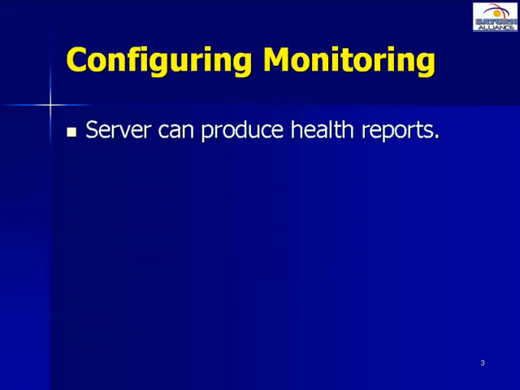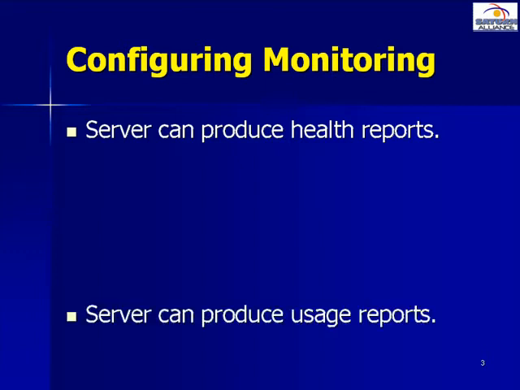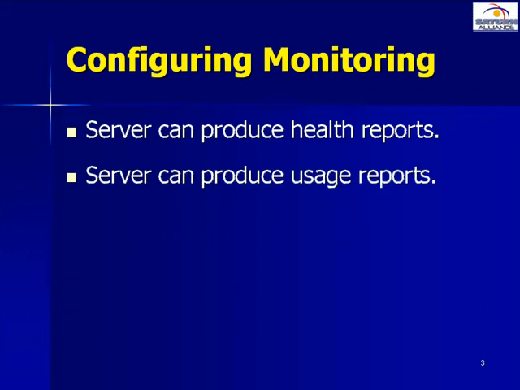A small business server can be configured to generate automatic health reports that can be emailed directly to users. It can also be configured to automatically generate usage reports. These usage reports give you information about your users' internet access as well as their remote access.